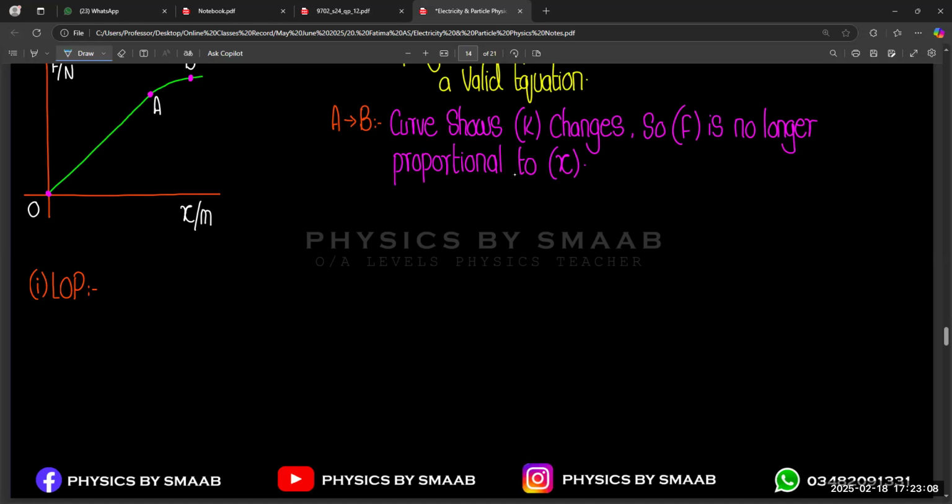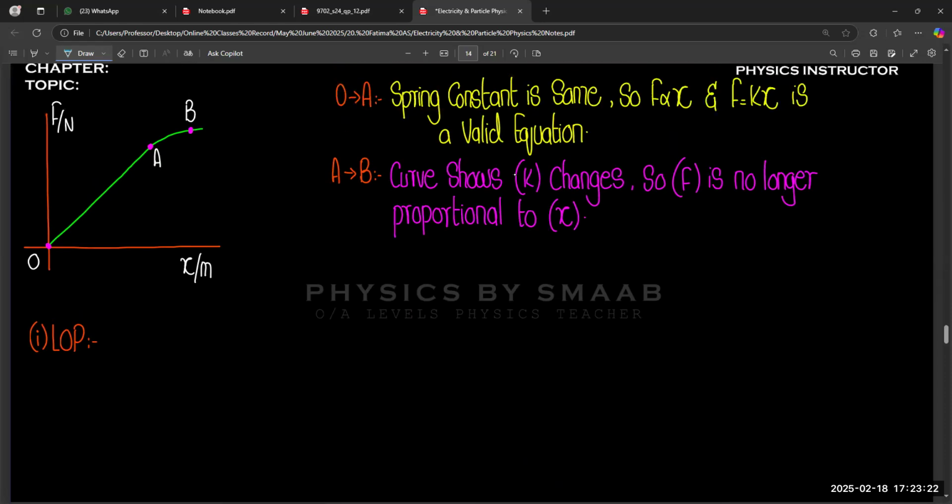It is the point in the graphical representation, or in a practical experiment also, where F is directly proportional to x and we get a straight line. Until we get a straight line, just like in the graph from O to A, this straight line shows that point A is the limit of proportionality. The point until which we get a straight line is called the limit of proportionality.